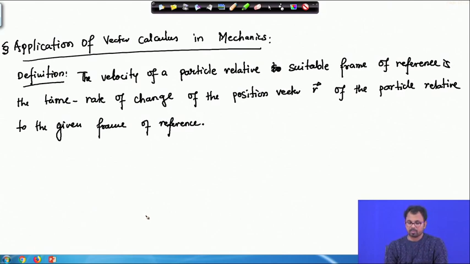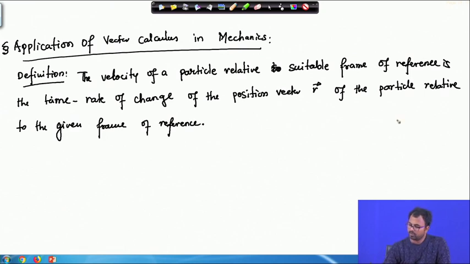That means the velocity of a moving particle is basically the time rate of change of the position vector. If we talk about the position vector, we are talking about the direction in a way, and how the direction of the particle is changing over time. That time rate of change of the position vector is called the velocity.